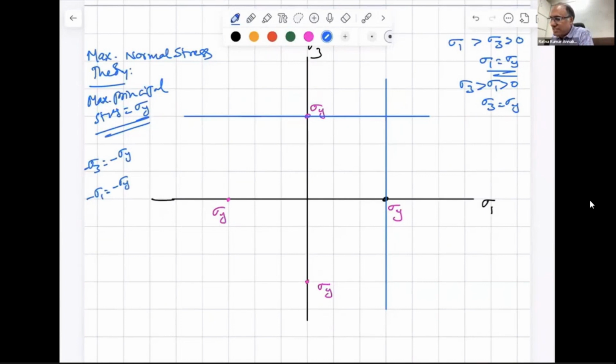Which is the line? Negative y-axis, horizontal. That is minus sigma 1, right? And sigma 3 will give you this line. So the area enclosed by these 4 lines is our failure surface, isn't it?